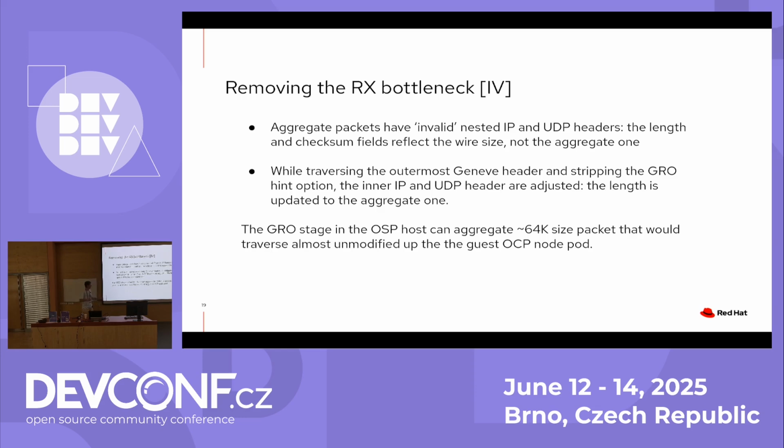So with all these things together, now a GSO packet can travel from the, let's say, source pod inside Openshift towards the Openshift virtual networking, towards the Openstack virtual networking, to the other end, towards GRO, Openstack networking, Openshift networking, to the final pod, and we will pay the forwarding overhead only once for 64 kilobyte of data instead of 44 times that overhead. And this gives good performance improved.